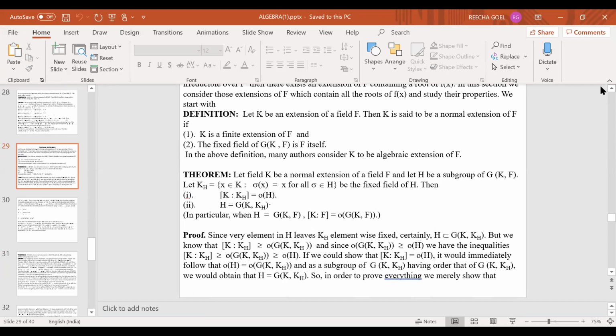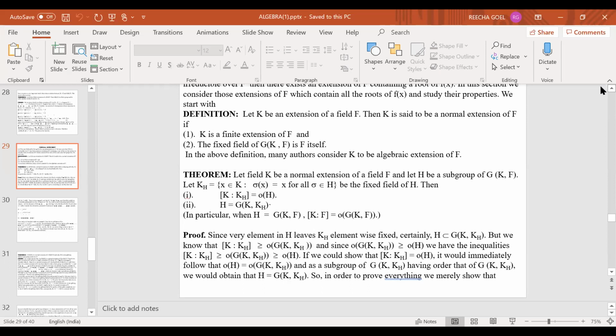And since H is a subgroup of G(K,K_H), the order of G(K,K_H) is greater than or equal to the order of H. We have the inequalities: degree of K over K_H is greater than or equal to the order of G(K,K_H), and this is greater than or equal to the order of H.